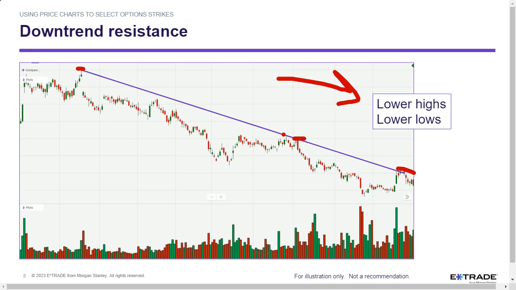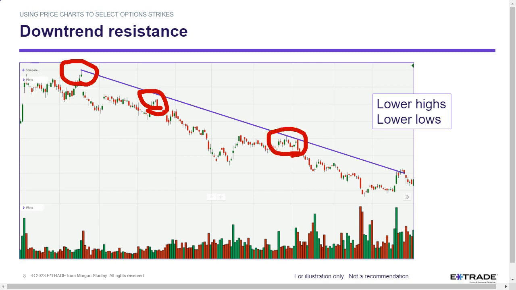Now, if I'm doing this with a line that I am drawing, I have to subjectively figure out where that line fits. In other words, as I'm looking at this example, I've got a touch point here. Do I use that touch point or not? And if I use that one, does this one fit?